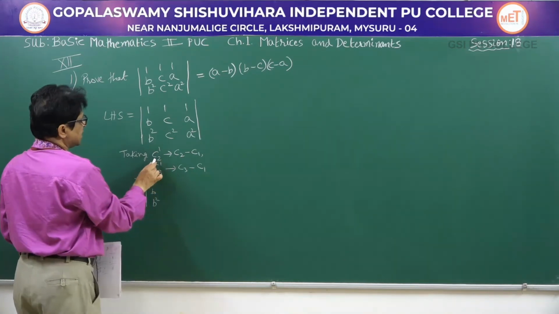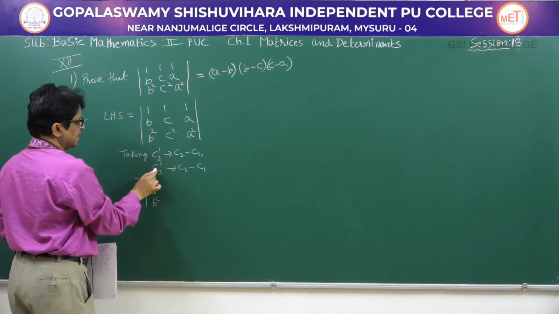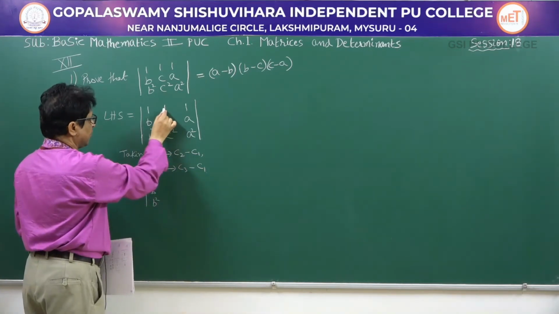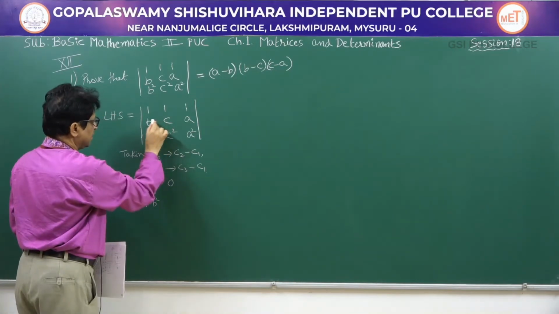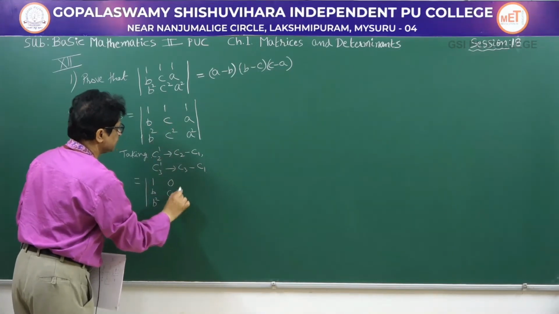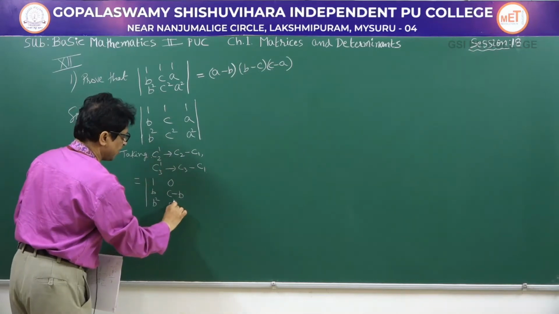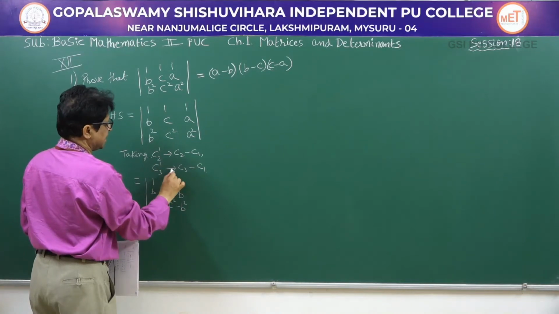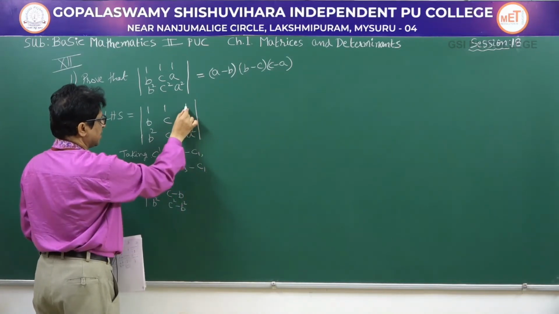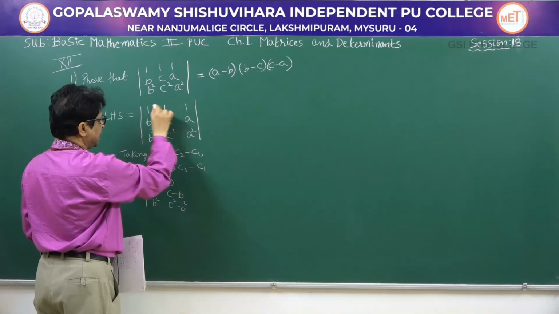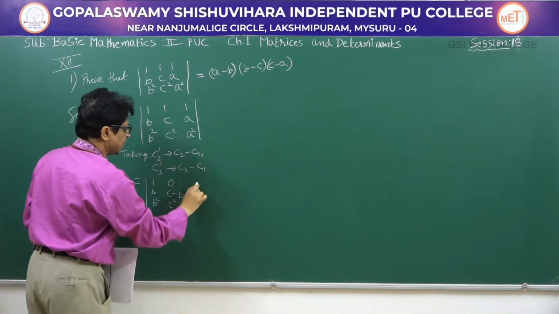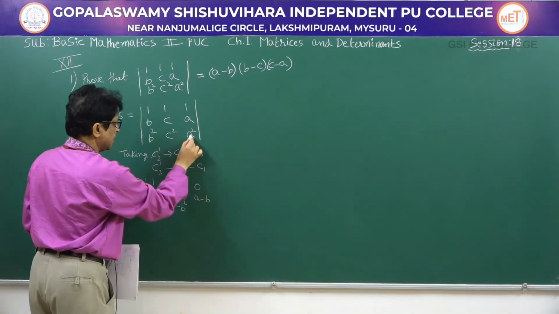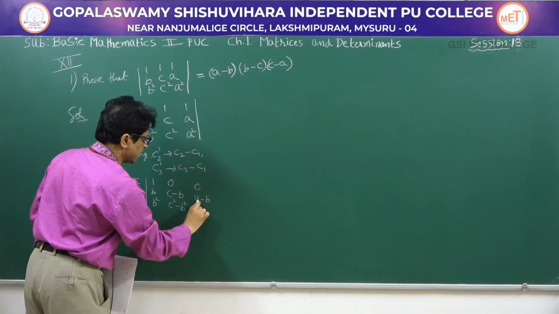The changes are taking place in C2 and C3, that is column 2 and column 3, that is 1 minus 1 0, C minus B, C square minus B square. Next, C3 dash is C3 minus C1, that is column 3 minus column 1, that is 1 minus 1 0, A minus B, A square minus B square.